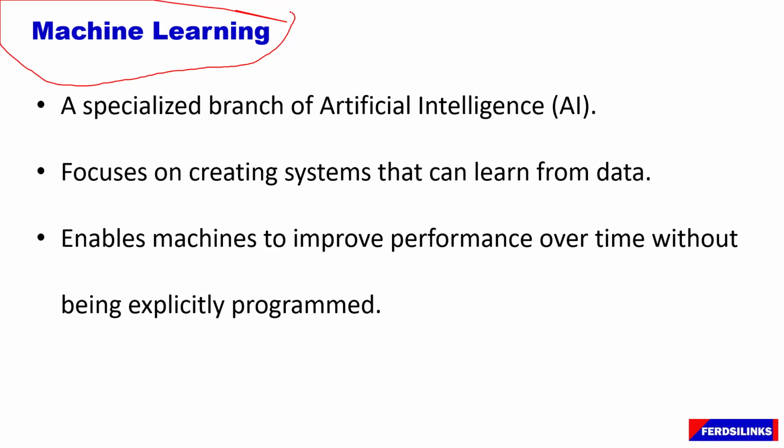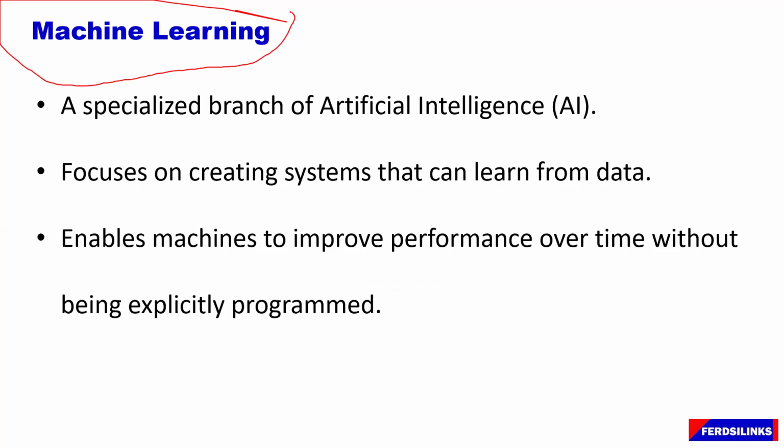We said machine learning is a specialized branch of artificial intelligence whose main focus is on creating systems that learn from data. They're able to perform tasks without you expressly instructing them.